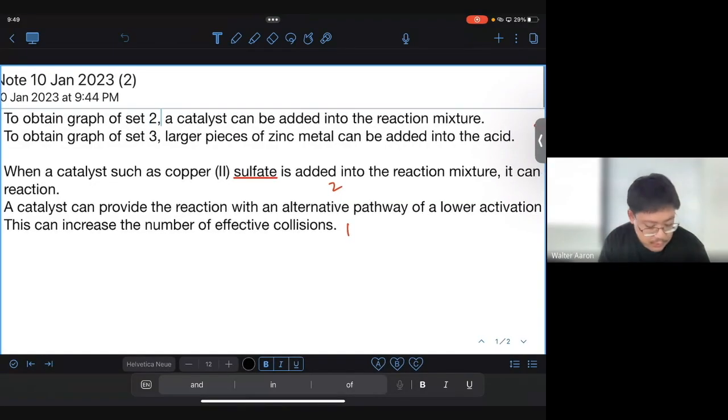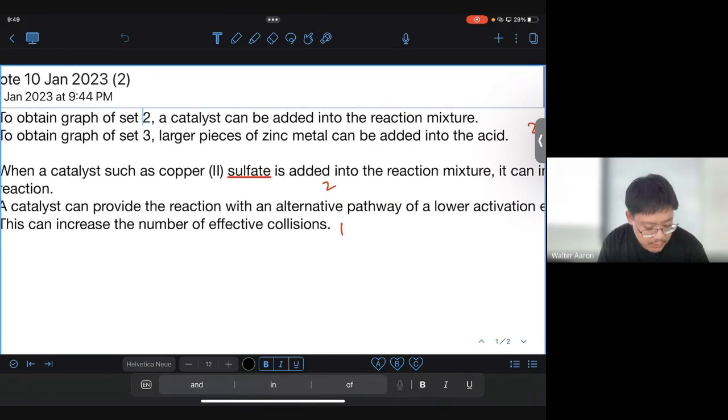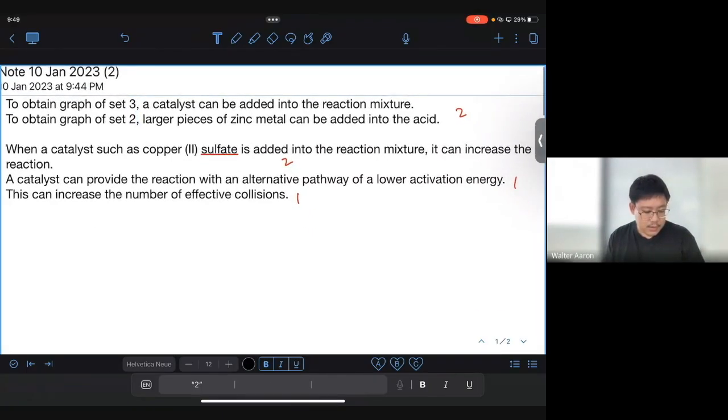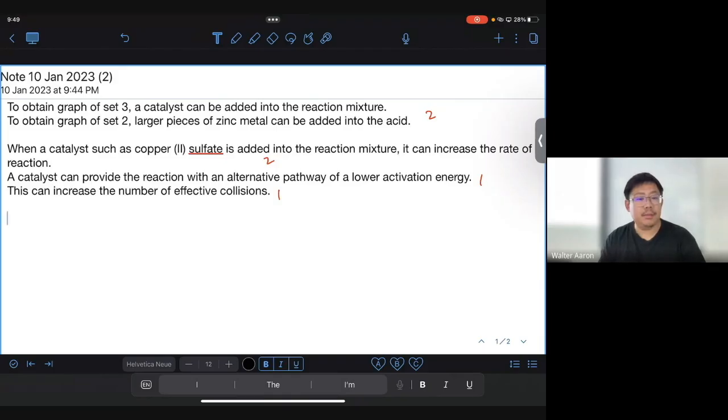So which means this one is set 3 actually, and this is set 2. Let's change the number again. Then after that, continue on with set 2.